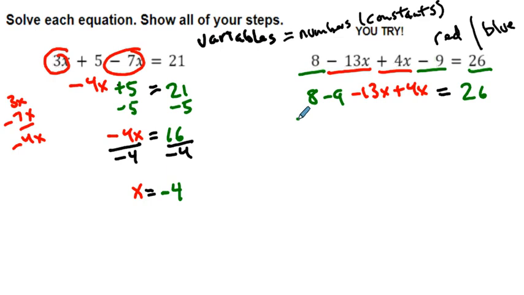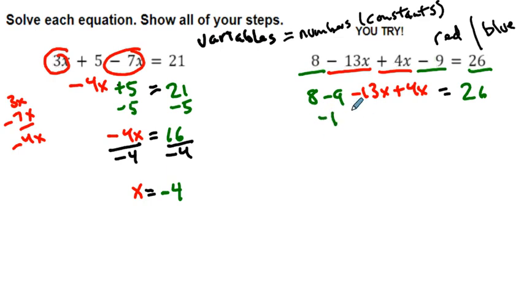If we decide to do that without collecting like terms, here's what we'd have to do. We'd have to go minus 8, and then we'd get 18. And then we'd have to go plus 9, and then we get 27, right? Now, it makes a lot more sense in my mind, and I hope in your mind, to just say, okay, I know that I have 8 and negative 9.